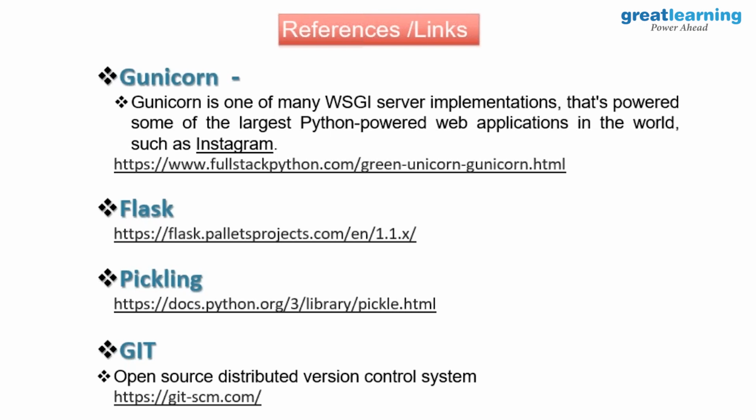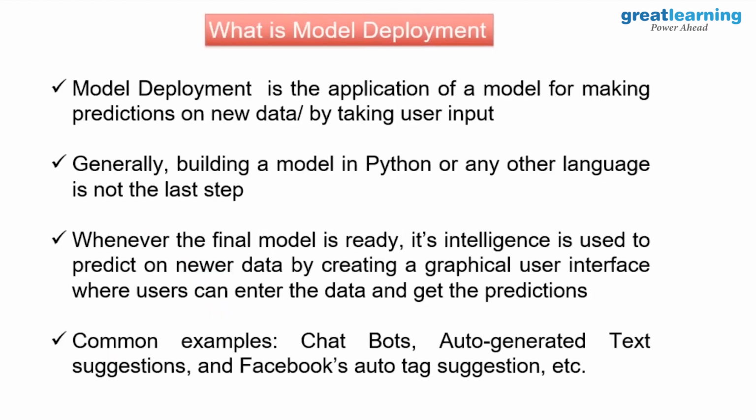In case of Facebook auto-tagging features, which architecture is used? The Facebook auto tag which I showed you was actually a mechanism of collecting the user input. What is Facebook auto tag?